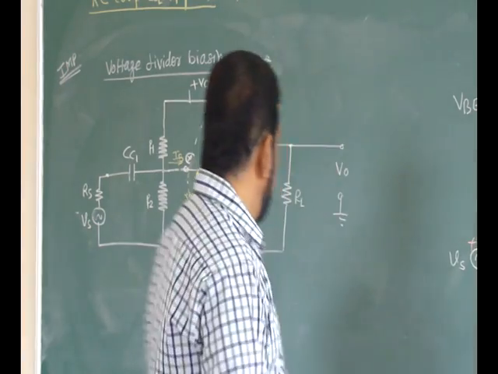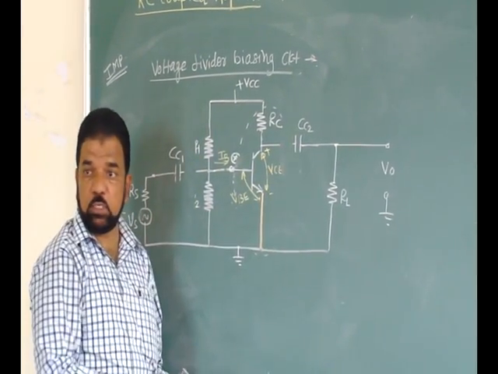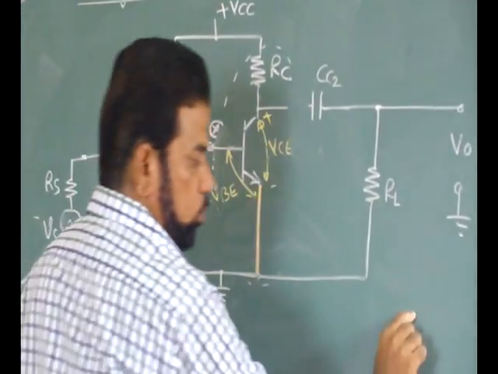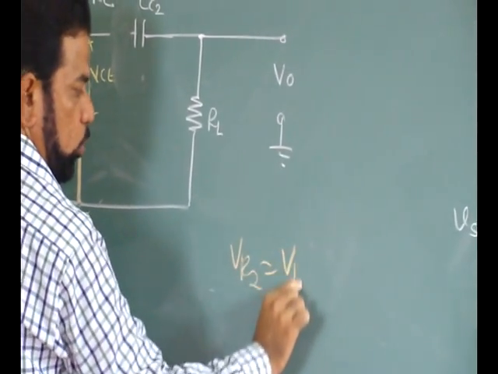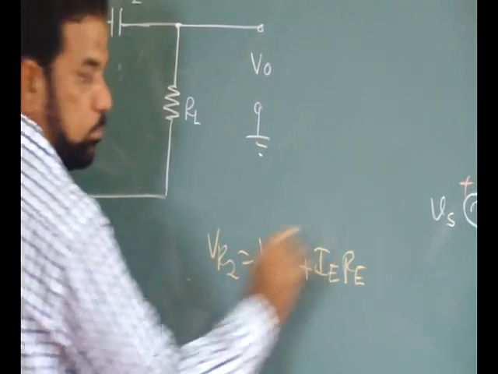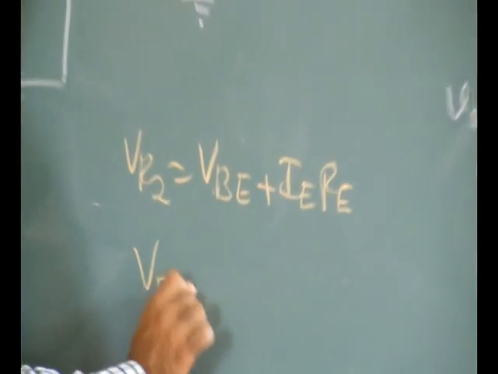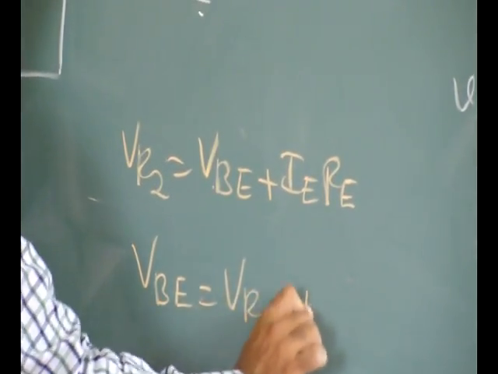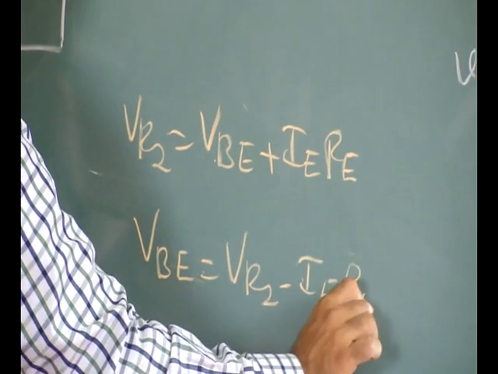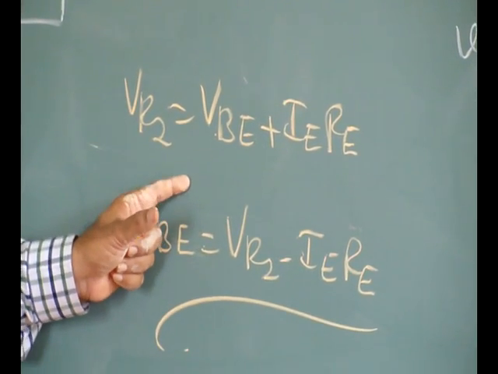If you recall the DC circuitry, after opening this, how did the circuit look? VR2, we have written that equation. VR2 is equal to VBE plus VRE. Or this VBE under DC conditions is nothing but VR2 minus VRE. Do you recall? You have written this equation.